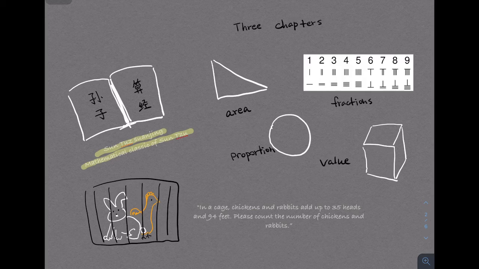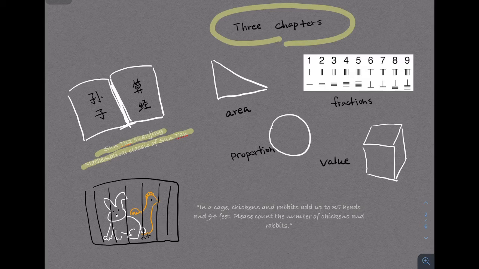This book is really famous because it is one of the most influential mathematical works in Chinese history. There are 3 chapters in this book, and it's about measurement, the decimal system, fractions, area, population, and volume.